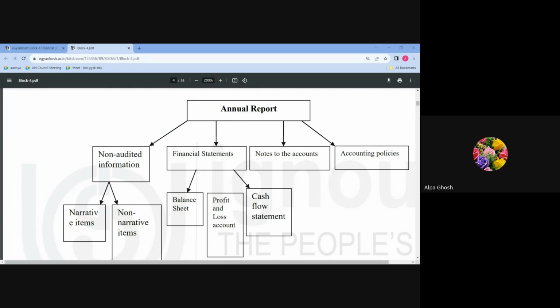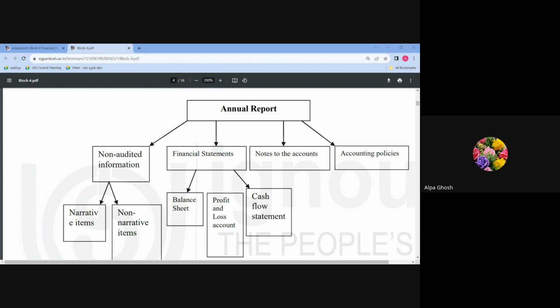I already told you, it is quantitative information about the company. Next, we have notes to the accounts. What is included in the financial statements, their detailed information, their transactions, their summary is in the form of notes to the accounts. These notes to the accounts are also known as annexures, which are attached along with the financial statements. And the last one is the accounting policies which the firm has followed.